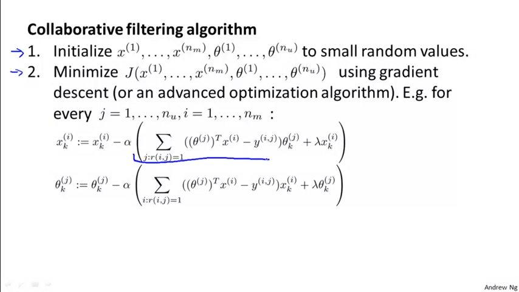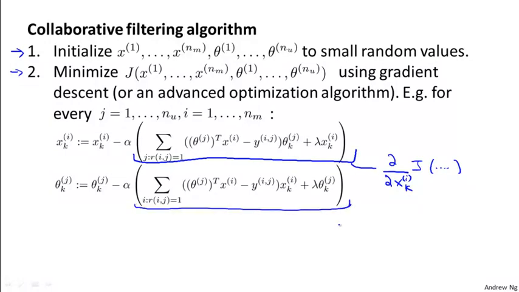And so this term here is the partial derivative of the cost function, I'm not going to write that out, with respect to the feature value x_k^(i), and similarly, this term here is also a partial derivative of the cost function with respect to the parameter theta that we're minimizing. And just as a reminder, in this formalism, we no longer have this x0 equals 1, and so we have that x is in R^n and theta is in R^n.